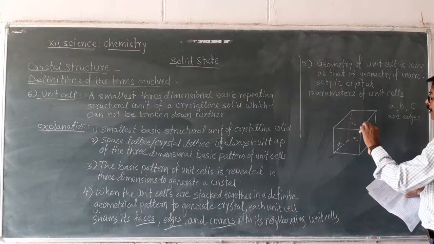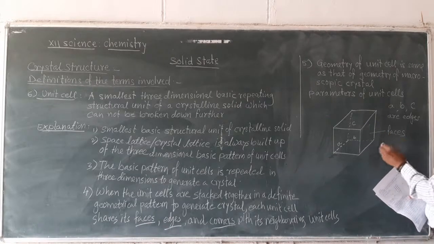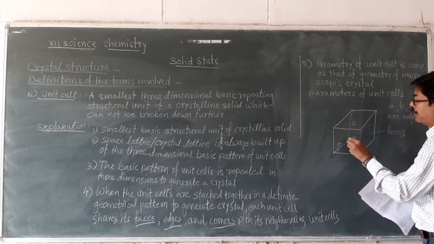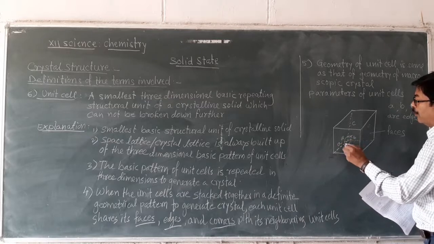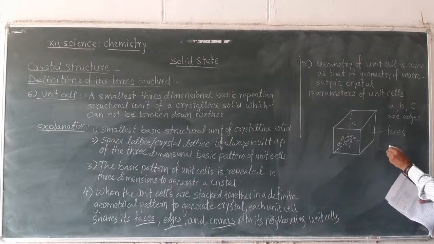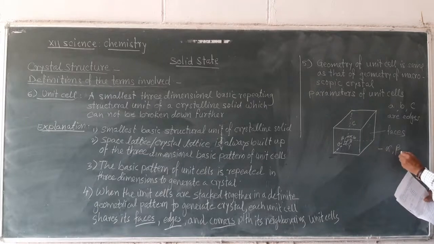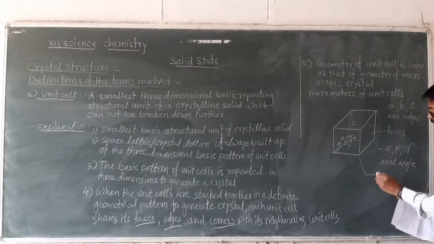Then these are faces and angles. Alpha, beta, gamma are axial angles. And this is a corner.